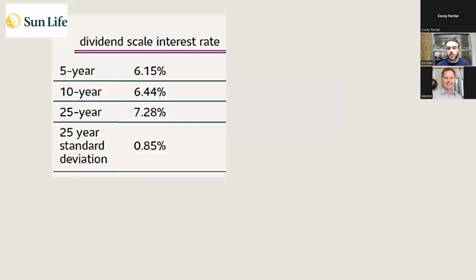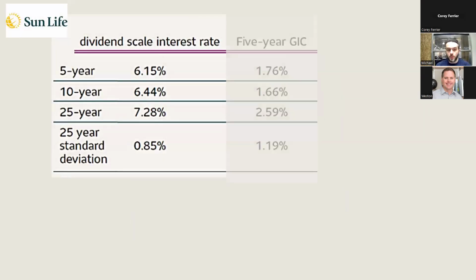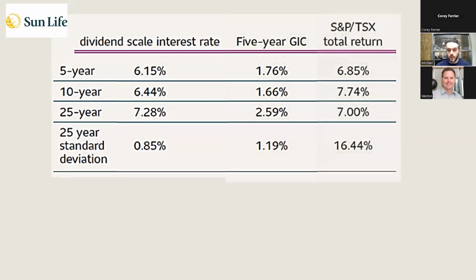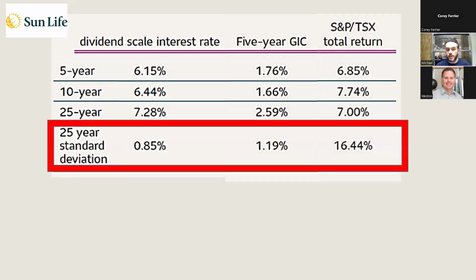The other thing I like to show instead of year by year is the 5, 10, 25 year average compared to the GIC and the TSX. And most importantly is the standard deviation. To explain standard deviation to a client in simplest terms, it's really just how much it fluctuates year over year. So it's more stable than a GIC is, which is hard to believe but true.